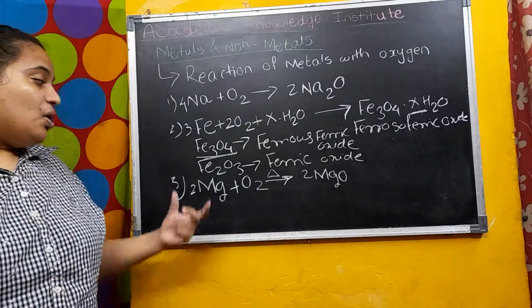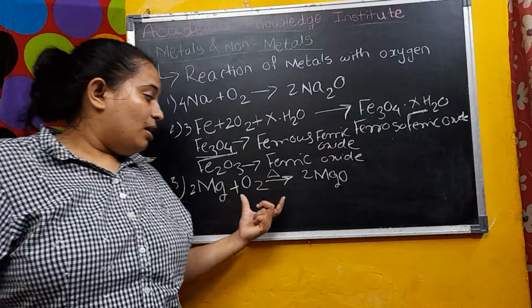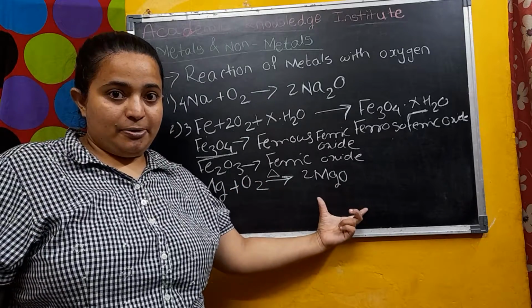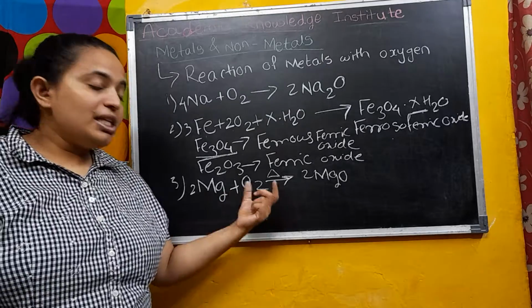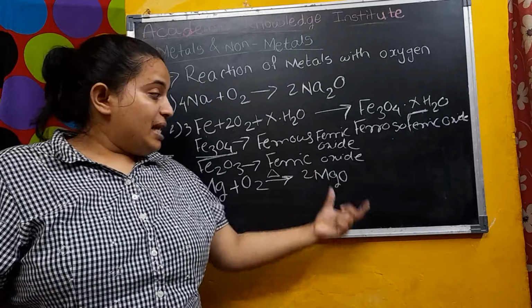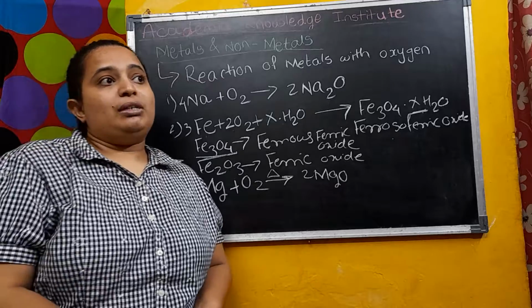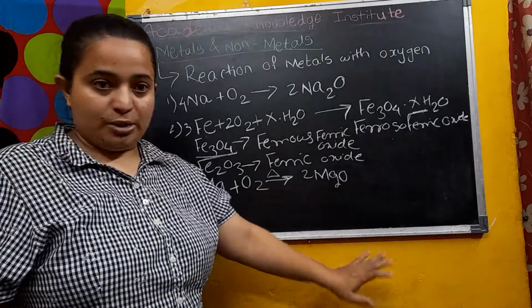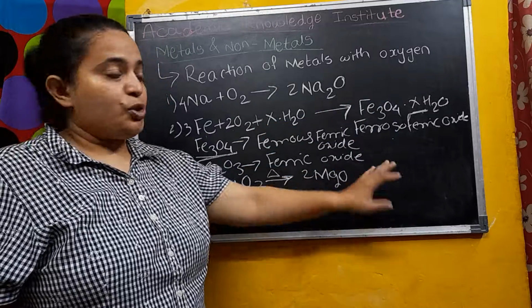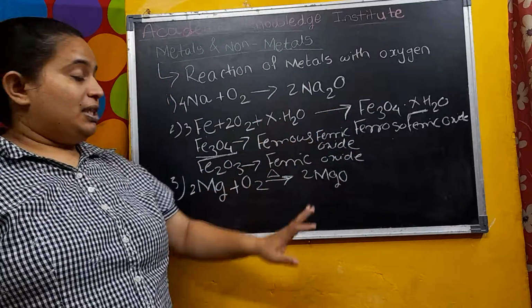In the same way, when zinc reacts with oxygen, it forms zinc oxide. Copper reacts very little with oxygen and forms copper oxide. Gold and platinum, you know, don't react much. They don't react with oxygen.